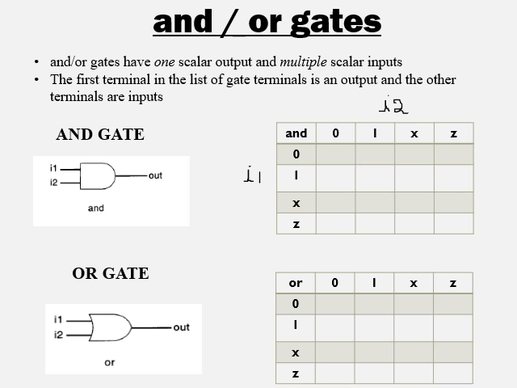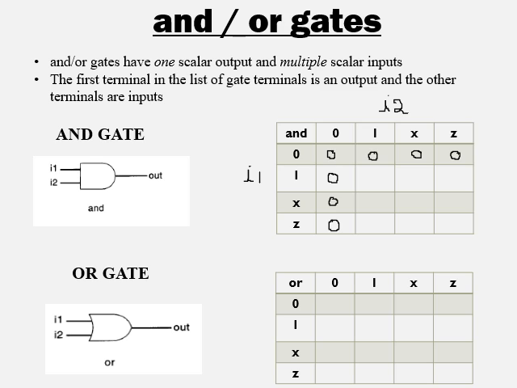So if any one of the inputs is 0, you can blindly write that the output is 0. So this row has one of the inputs as 0, so I can simply write the output as 0. Likewise, in this column also, one of the inputs is 0 and the other input takes 4 different values, still the output will be 0.